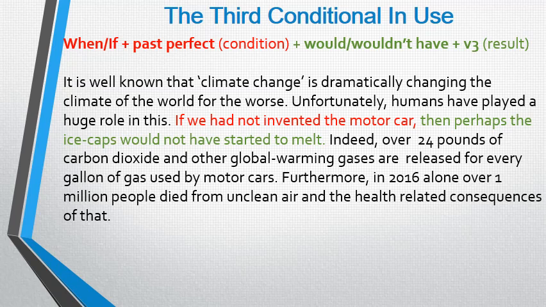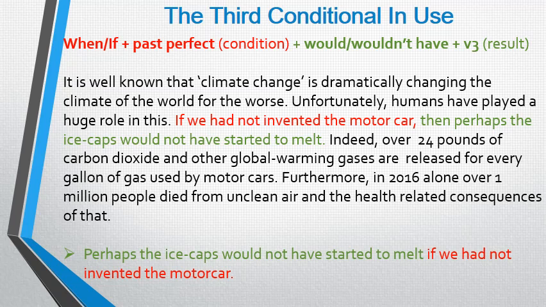Now, one other thing to say about the third conditional is that if you're going to use it 2 or 3 times in an essay to show that you have a good control over this piece of grammar, you can actually reverse the order of the clauses. So instead of starting with if, we could start with perhaps and say, perhaps the ice caps would not have started to melt if we had not invented the motor car.